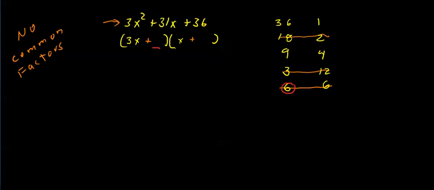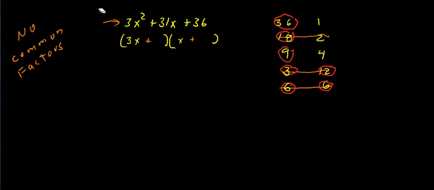I can't use 6, 12, 3, 9, 18, or 36, because each has a factor of 3. The only possible numbers that could go right here are 1, 2, or 4. So when you have a lot of choices, often you can reduce them. You don't have to try them all.